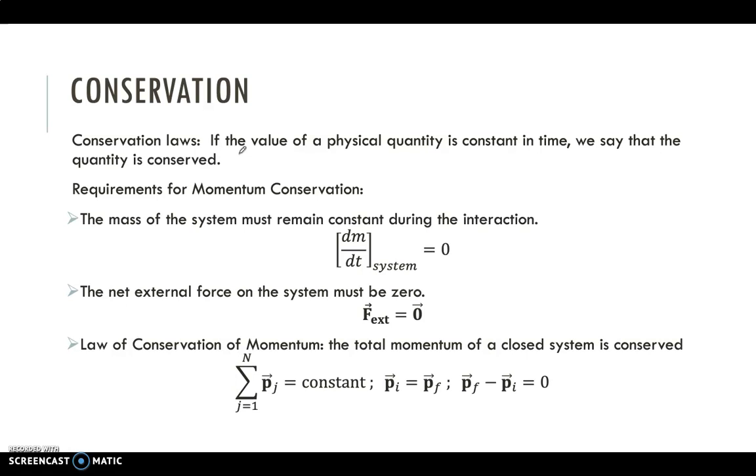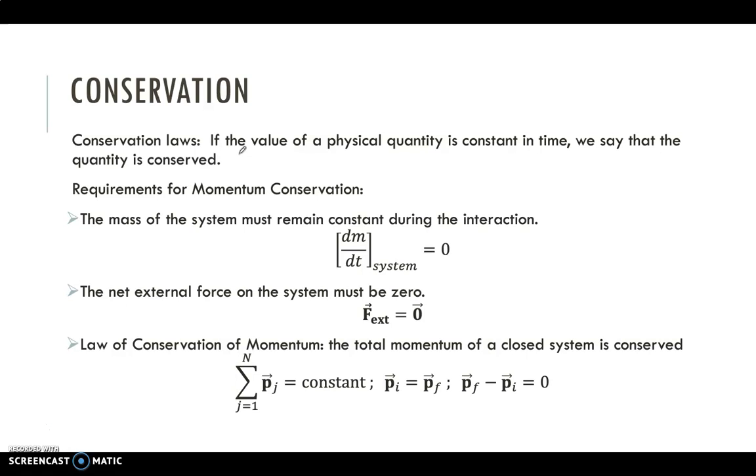No, we have to keep those two balls in the system. Also, the net external force on the system must be 0. So there are no external forces acting on that system, and there are just internal forces, or the forces inside the system, happening.